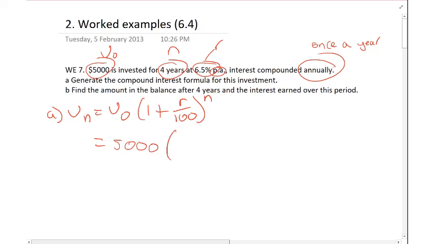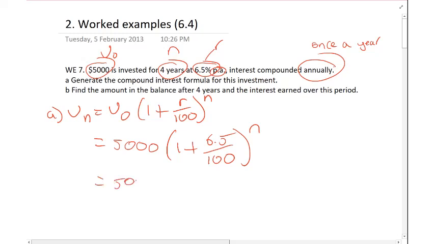We've got 1 plus, what's our R? Our R is 6.5 over 100. And what we'd normally put is 4, but I'm going to put N. The reason I'm putting N is because we just want to generate the formula for this investment. The reason I might put 4 there is because I know there's 4 up here, but I'm not worrying about that just at the moment.